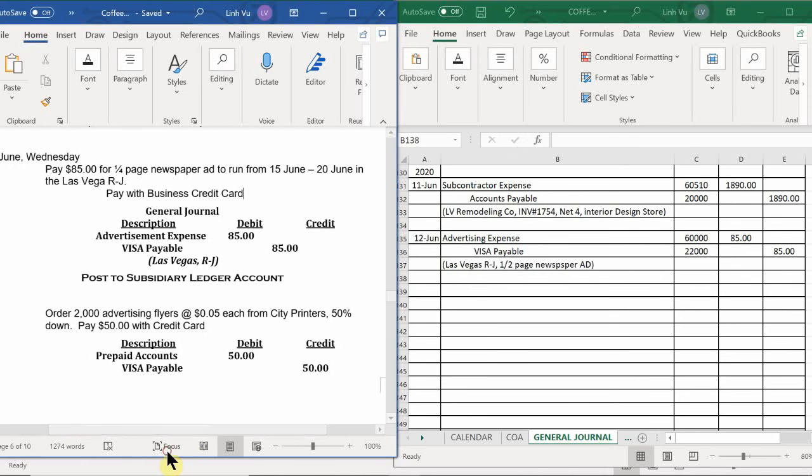Now, because we're not going to pick it up right away, city printers wants us to pay a 50% down payment to make sure that we are going to pick up the flyers and that they are going to proceed with the job. Many places, especially something like this, don't want to waste their paper, their ink, especially if you're ordering 2,000 copies.